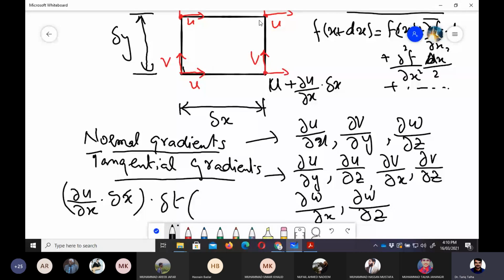This surface area would be delta y into delta z.